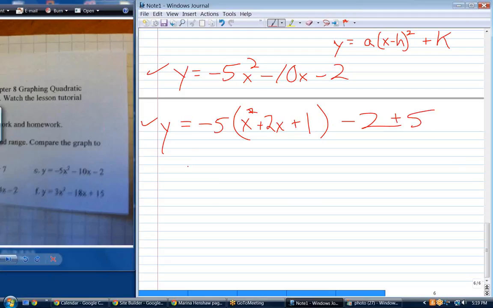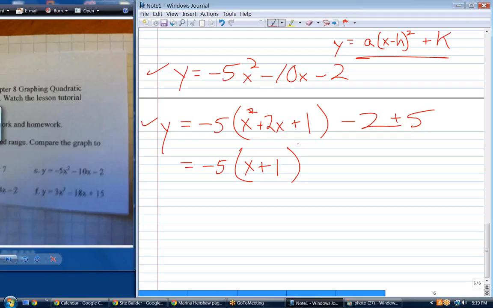Okay, now how can I write this? Remember, I'm trying to get it into this format. Negative 5 times the quantity x plus 1 squared.